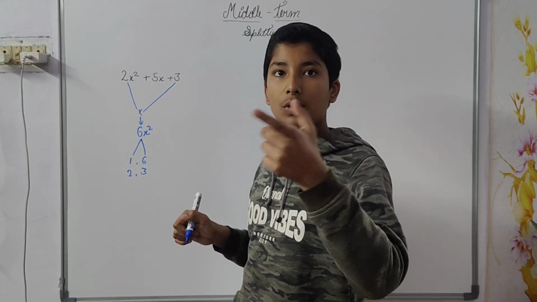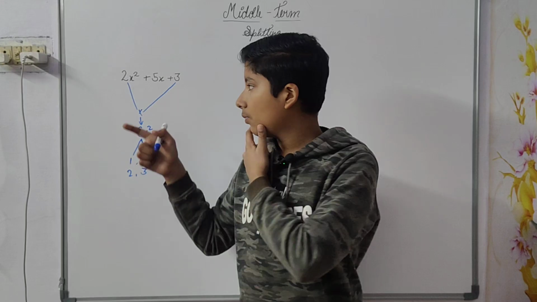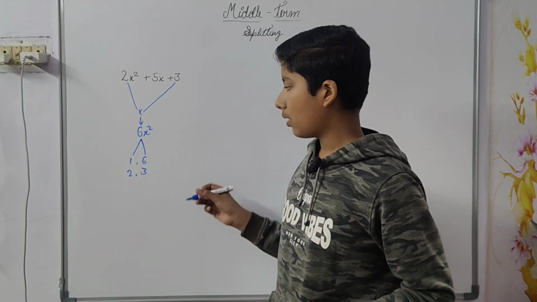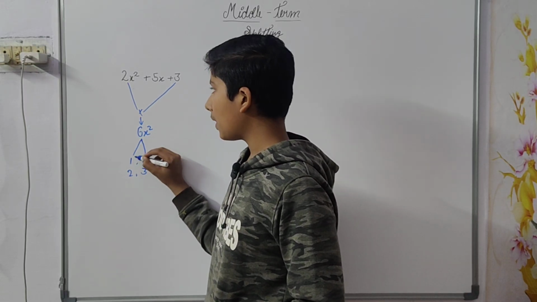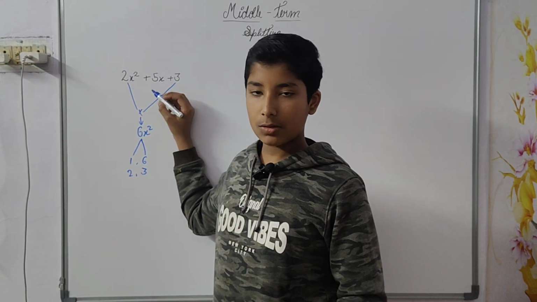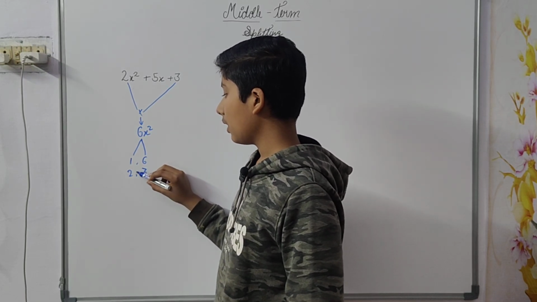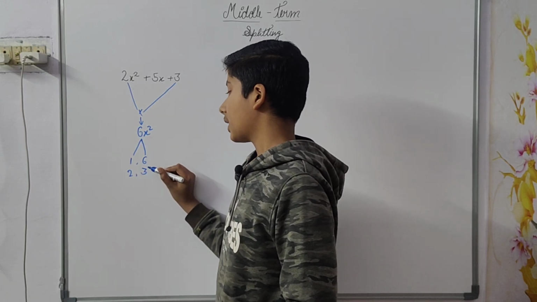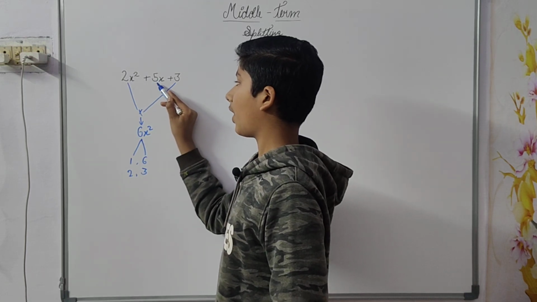So you have to choose the factors which when added form the middle number, and which when multiplied form this number. So if you see 6 into 1, 6x square, but 6 plus 1 is 7x, which is not equal to 5x. Now let's check the other one. 3x into 2x is 6x square, and 3x plus 2x is 5x.